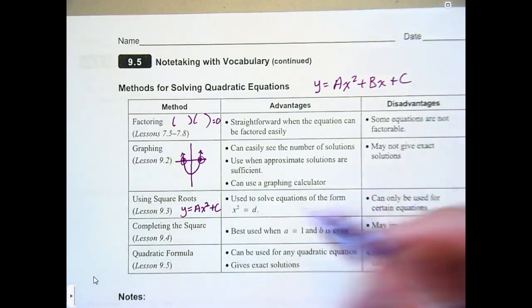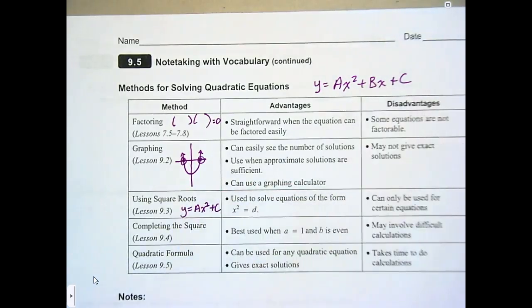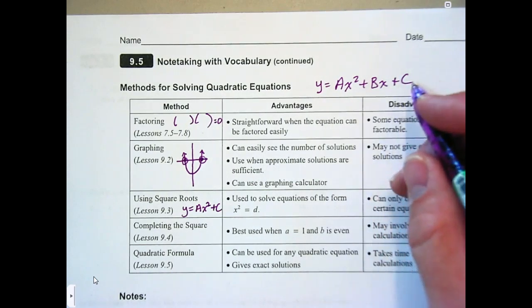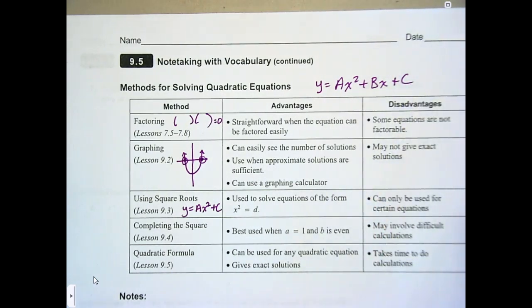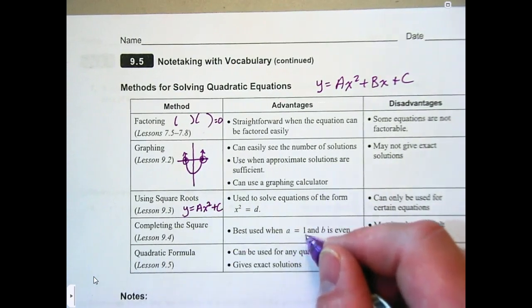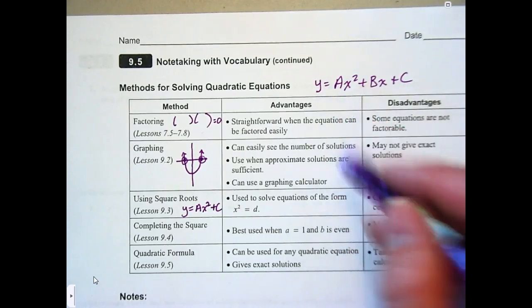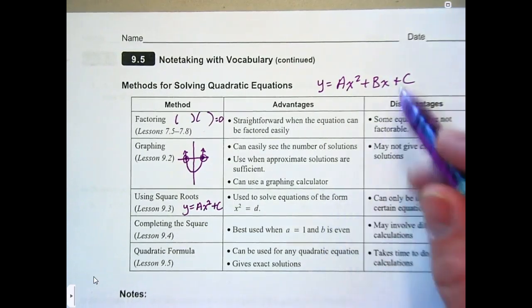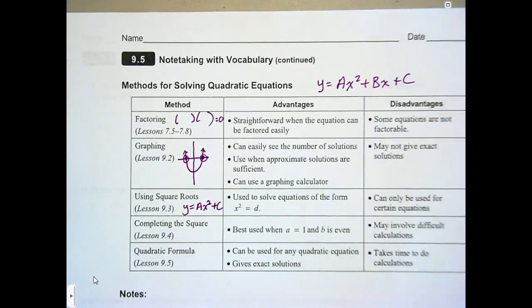So that b term's gone. Then you move it over. All right. Completing the square is helpful if you have a is 1. So if there's not a number in front of x squared, and b is an even number, you could use completing the square. That's what we've been doing the last couple days.